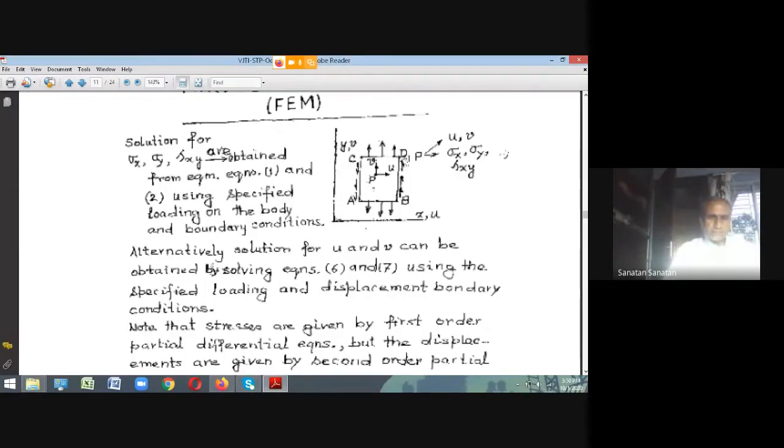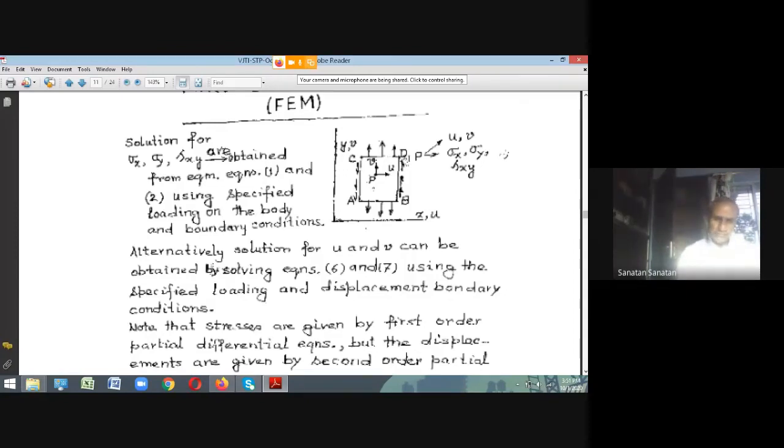So if you want to talk about this problem, you have the loading. There is some variation of the loading on the top face, some variation of loading in the y direction over the bottom face, and then on the right side you have shear loading acting, and on the left face also shear loading acting. They have some magnitude.